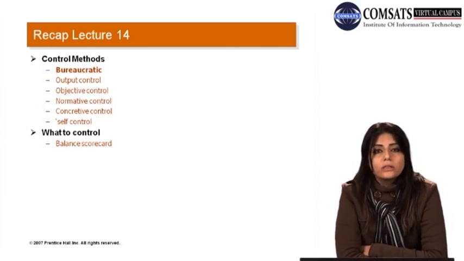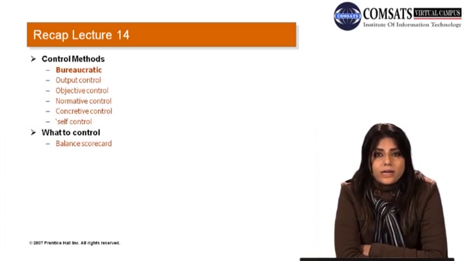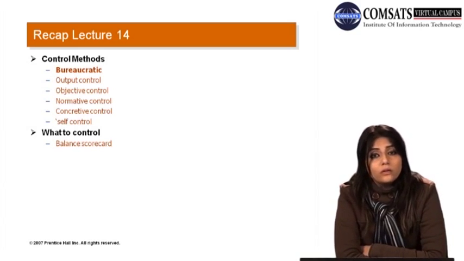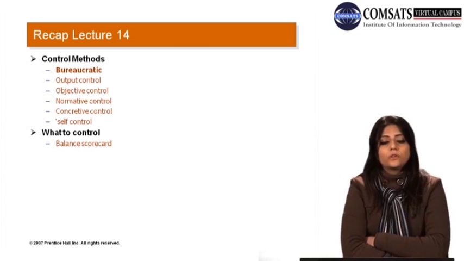Then we had a discussion on the different methods that organizations or managers can use for exercising this control activity. The first one we discussed was the bureaucratic style of control, with more emphasis on the rules and policies of the organization, which set the guidelines for controlling the actions, behaviors, and outcomes of the individual.